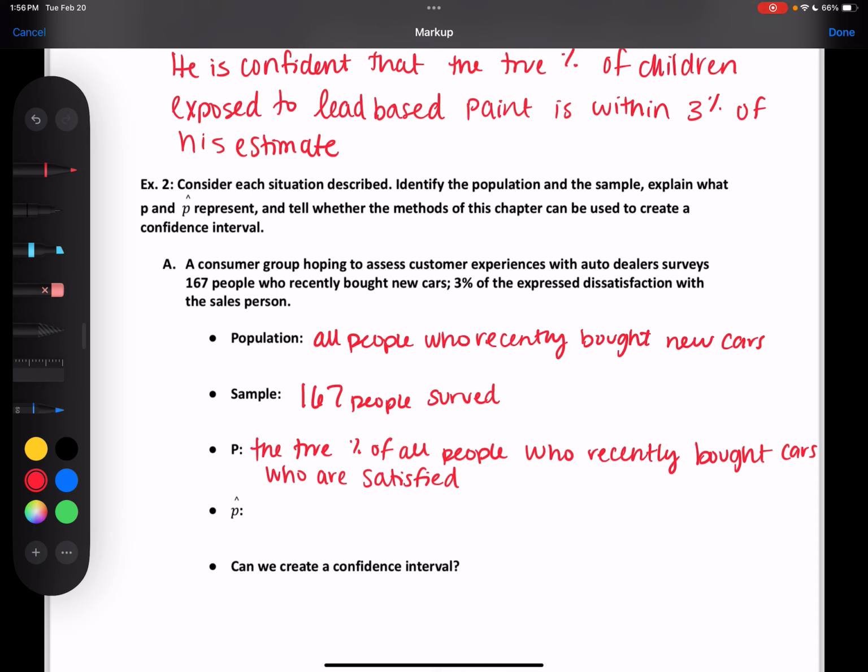So what do you think p-hat might be? The true percentage of the 167 people. Yep, the percentage from the sample of the 167 who were satisfied with the experience buying cars.